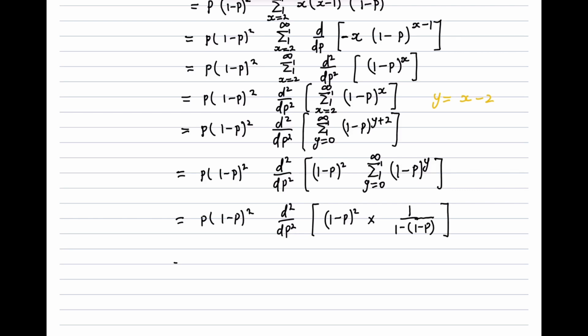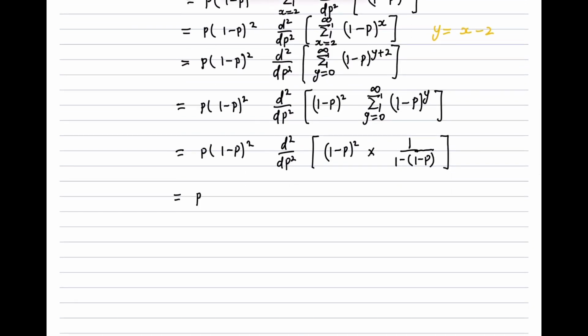And then quite simply, this goes to p times (1 minus p) squared, d squared on dp squared of (1 minus p) squared over p. Now, I'm just going to simplify this slightly. I'm going to expand the top function here, and I'm going to write 1 minus 2p plus p squared, and that's just going to allow us to differentiate a little better.